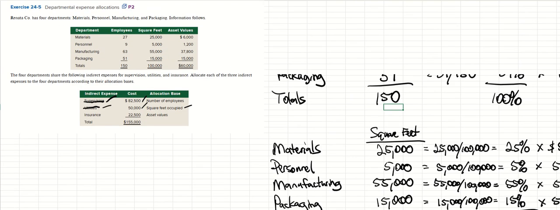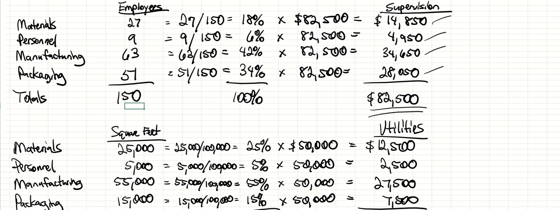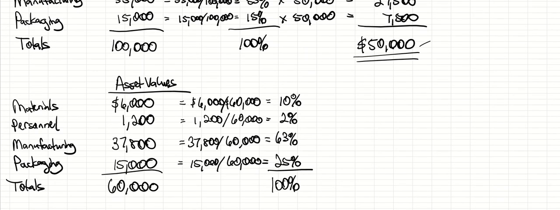So last step, we're going to take the $22,500 in total costs that went towards insurance, and allocate it based on the percentages that were determined for each department.